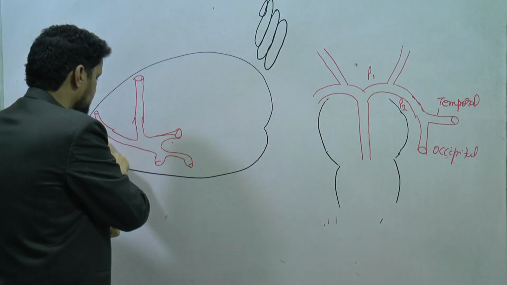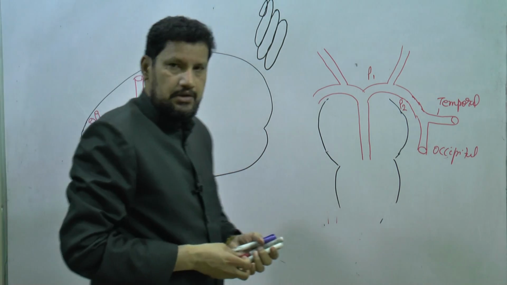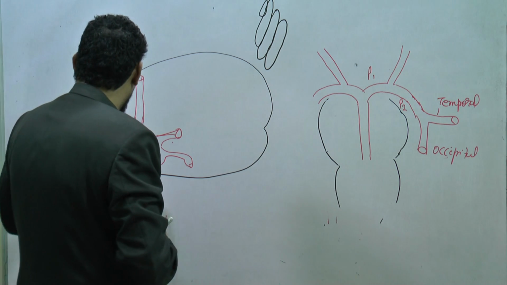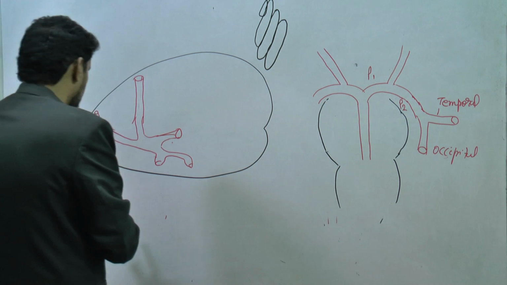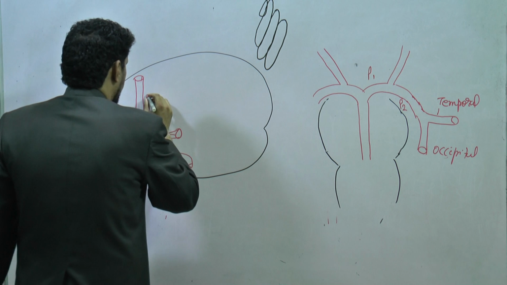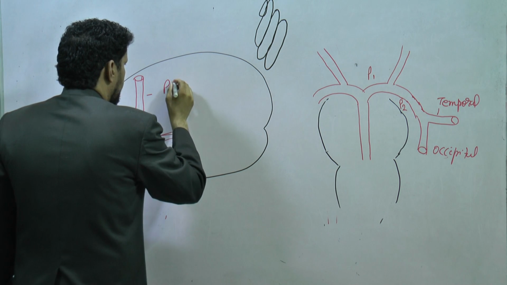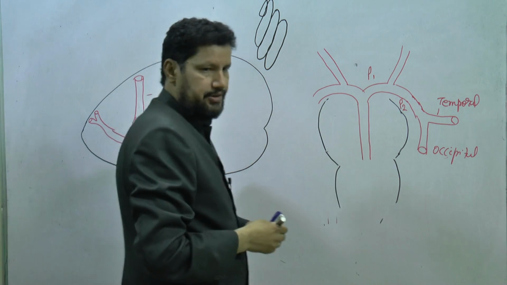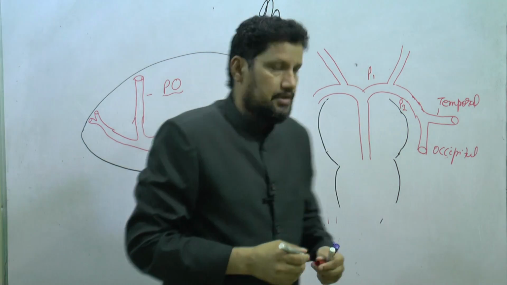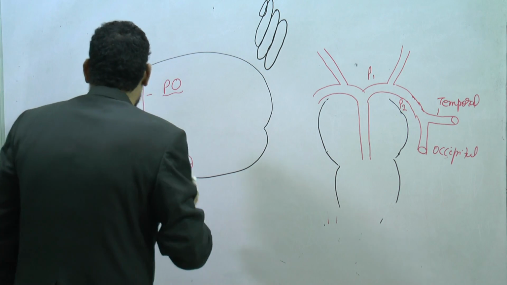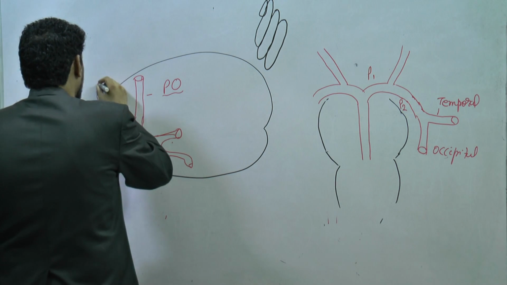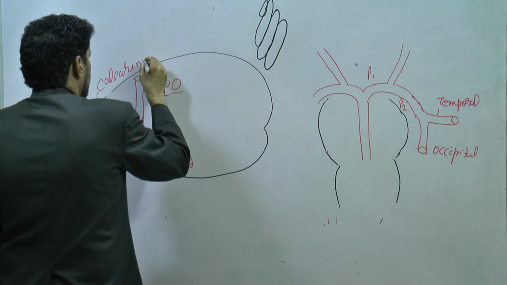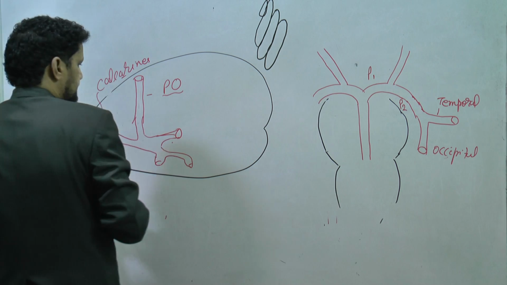The occipital branches are supplying the occipital lobe, and it is having the PO artery, the parieto-occipital artery, and the calcarine artery running in the sulcus of the same names.